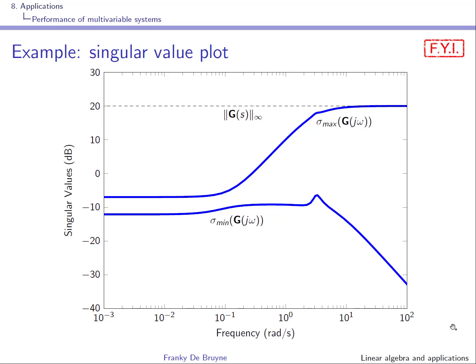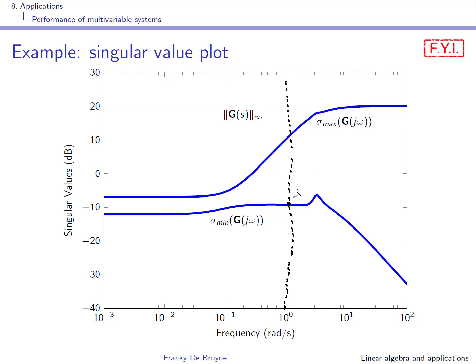So let's look at a given frequency over here. Let's assume that we take the frequency omega equal to 1 radian per second. Well, then you can say that in the case of a multivariable system, the gain is not unique. It depends on your input, which is composed here of u1 and u2.